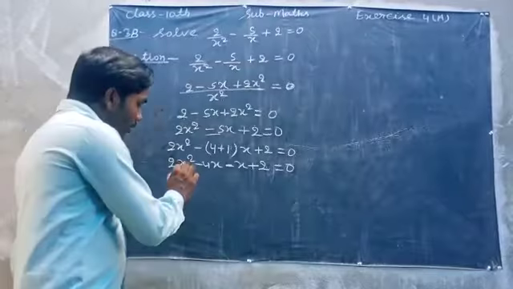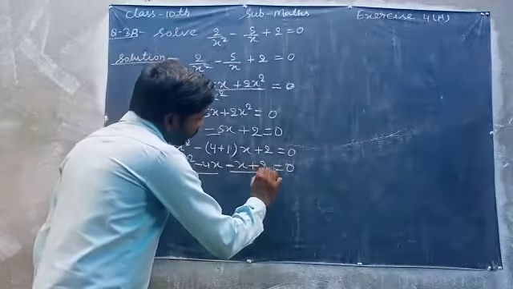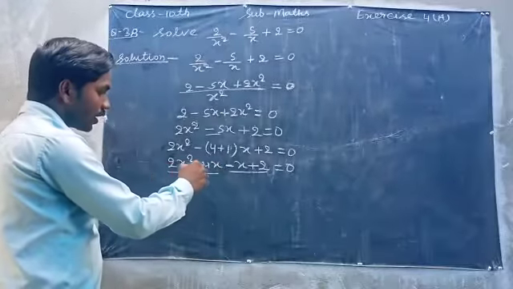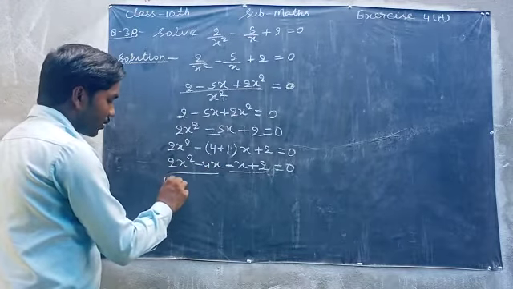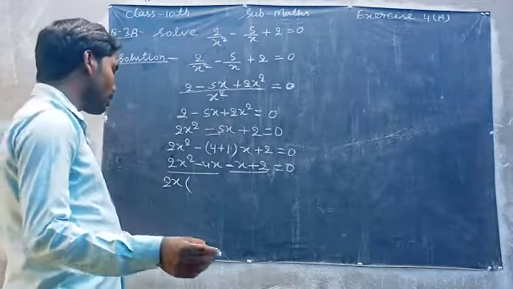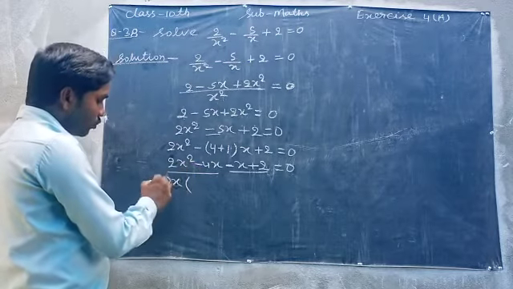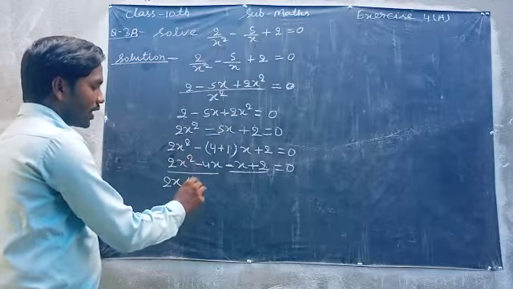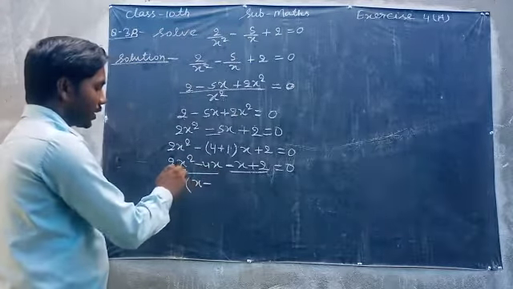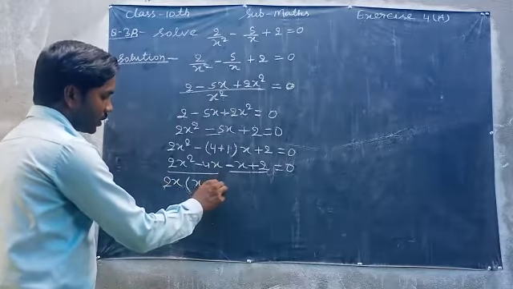Now, we will group two terms. From here, we will take 2x common. When we take 2x common, 2 will come here, but x will remain, 1x will remain here, and from 4, when we take 2 common, it will remain 2.